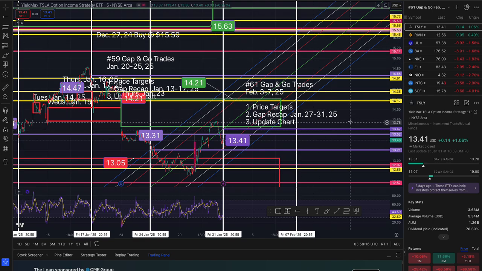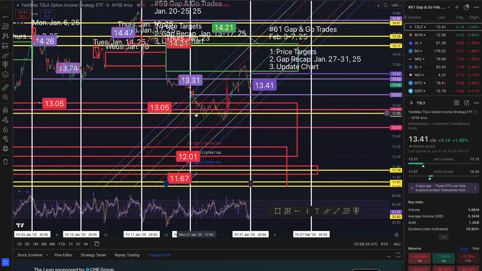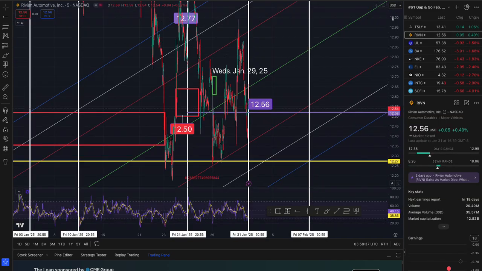We'll see. And the yellow lines are previous middle of the trend lines that have turned now into resistance. And then notice how many times we touched this level here, but didn't quite close it out. Long ways off. Let's go to RIVN next.